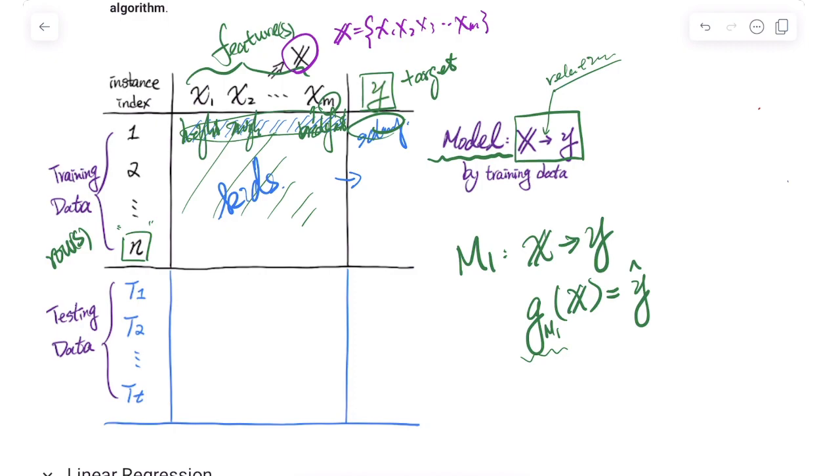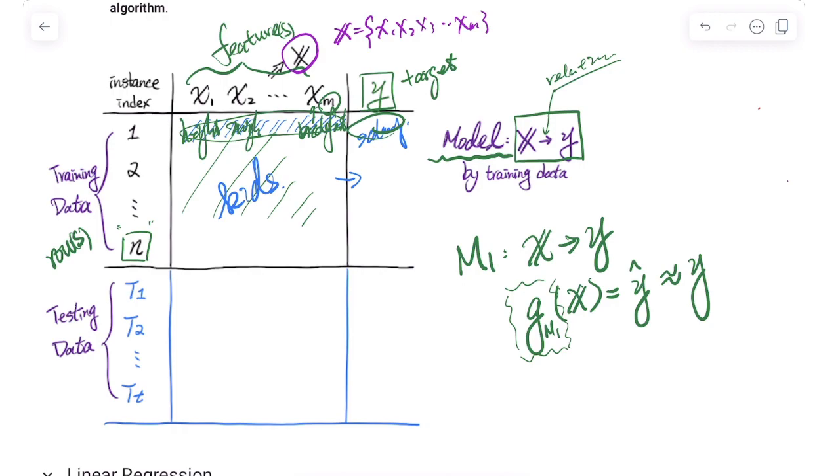The output is y hat. Y hat is not necessarily exactly the same as y, but it should be close to y. And the g function here is a simplified way to model the relationship between X and y, because you're given a sample.